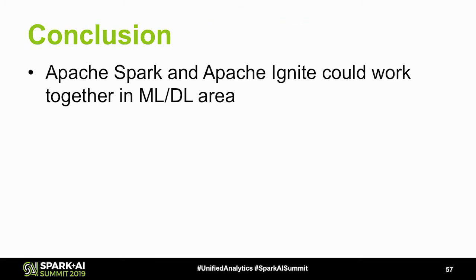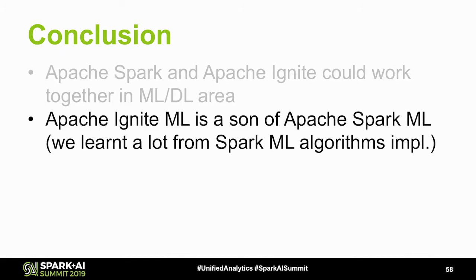Also, in conclusion, Apache Spark and Apache Ignite could work together. I hope they are friends. Apache Ignite ML is a son of Apache Spark ML. First of all, we learned a lot from the Spark ML algorithm sources, and we are trying to find faults and maybe incorrect decisions and re-implement them correctly in Apache Ignite.